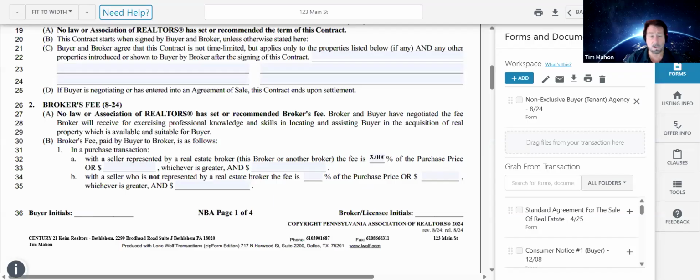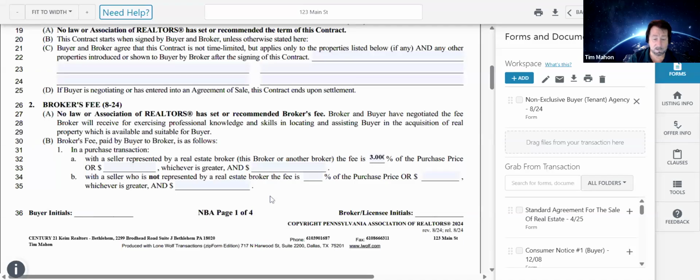If you're not aware by now, if a seller through the CBC is offering a commission, let's say they're offering 2.5, then I can certainly say 3% or whichever is greater, and I can add a dollar amount.